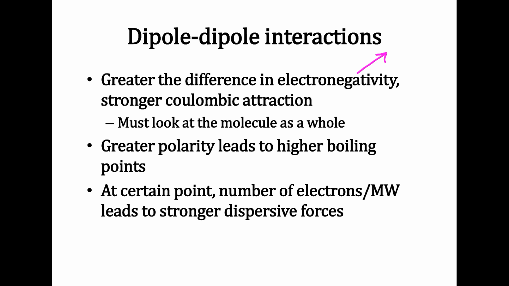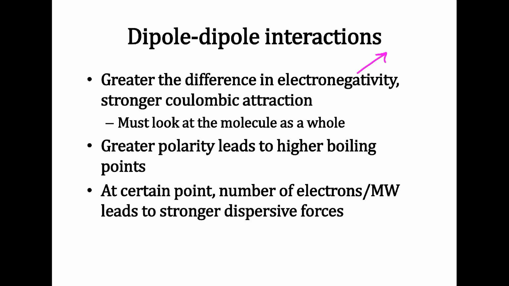So if you have a greater difference in electronegativity or a more electronegative bond, which could lead to a polar molecule, the more polar the molecule is, the stronger the Coulombic attraction, which would mean that you're going to have a much stronger interaction between the molecules. So what does this actually mean?